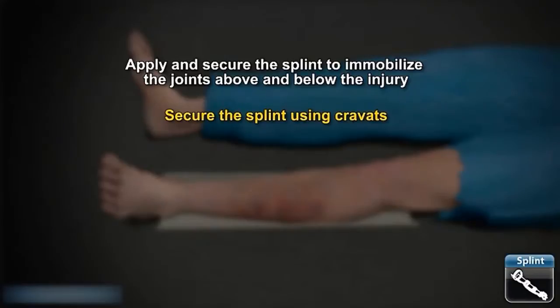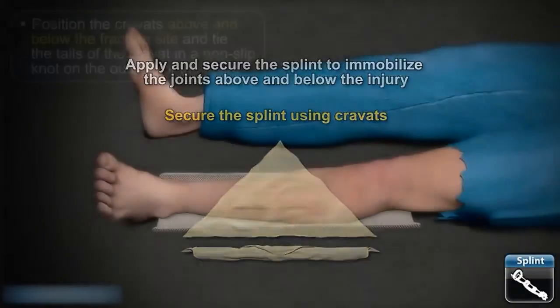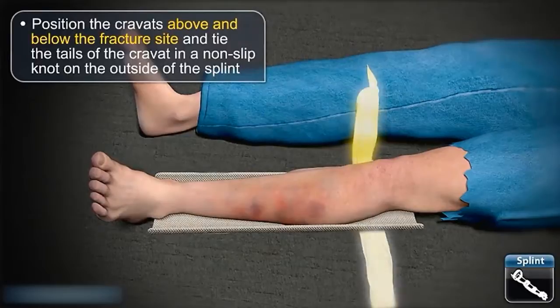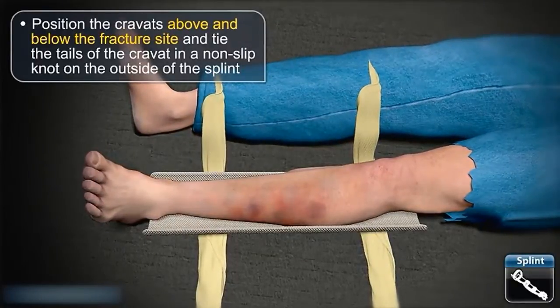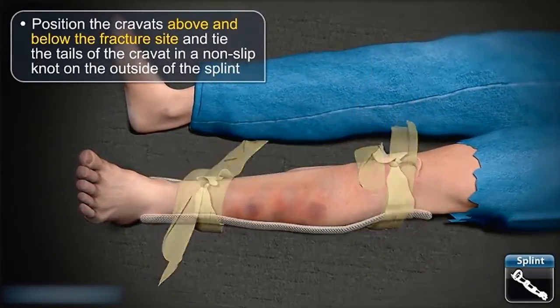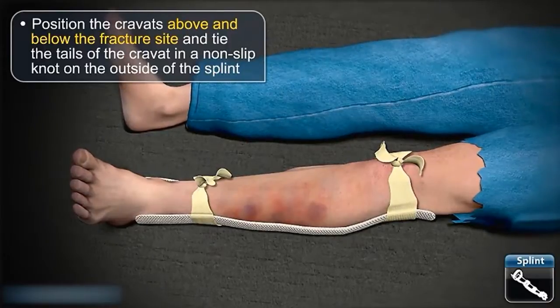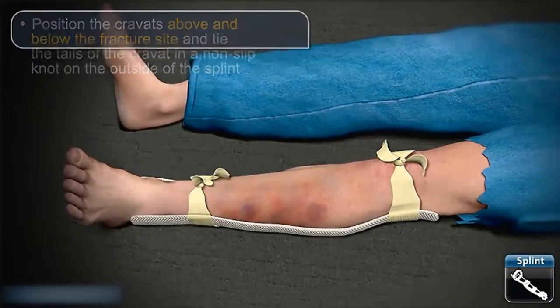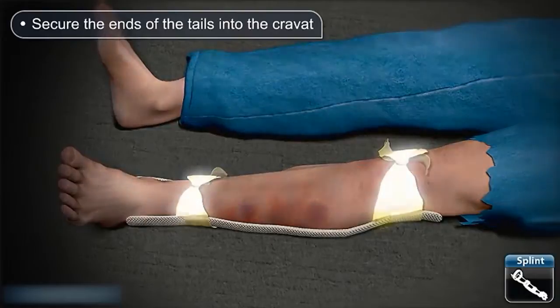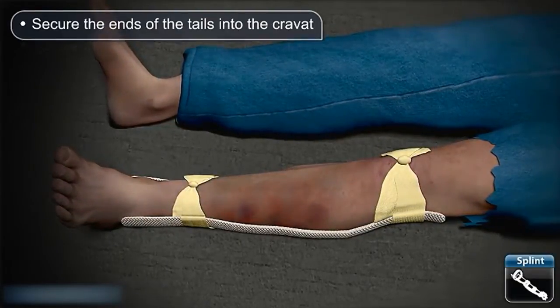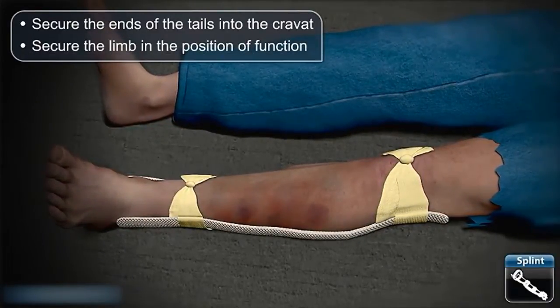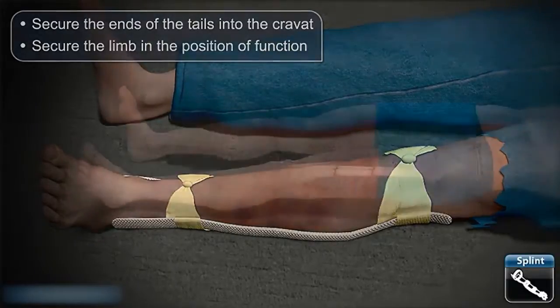Secure the splint using cravats. Position the cravats above and below the fracture site and tie the tails of the cravat in a non-slip knot on the outside of the splint. Secure the ends of the tails into the cravat. Secure the limb in the position of function.